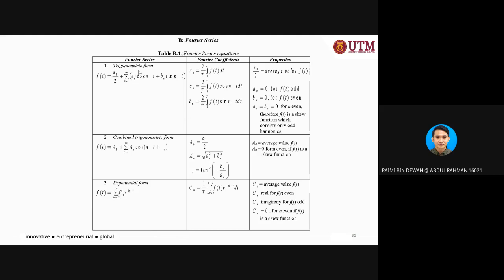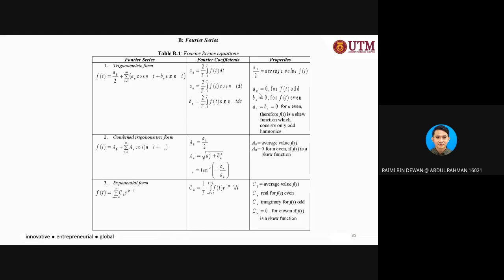For this one, if I'm not mistaken, you have this as your final exam. So you see, you don't need to integrate whatsoever. Fourier coefficient a naught is 2 over T times the integral of f(t), and so on for an and bn. And you know, just now when we learned about symmetrical signals, a naught over 2 is the average value.